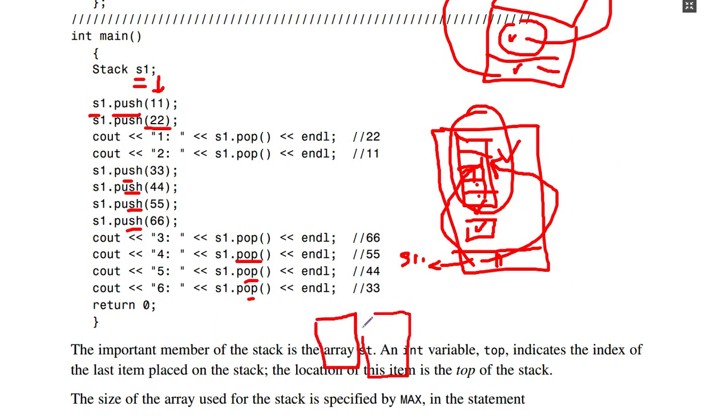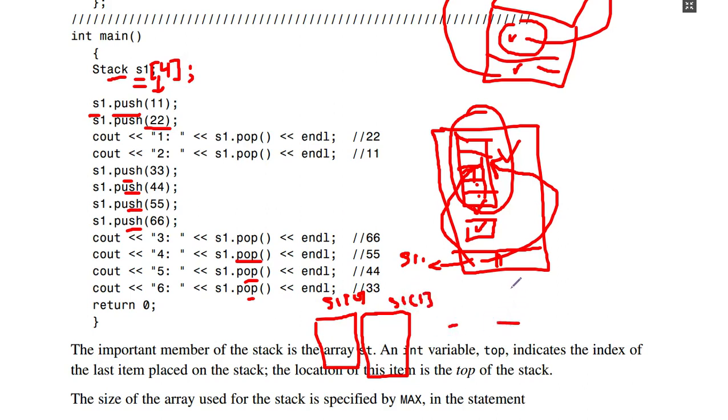For example, if we write here stack s1[4], what will this do? This will make 4 objects. This would be s1[0], the next one would be s1[1], then s1[2] and s1[3].